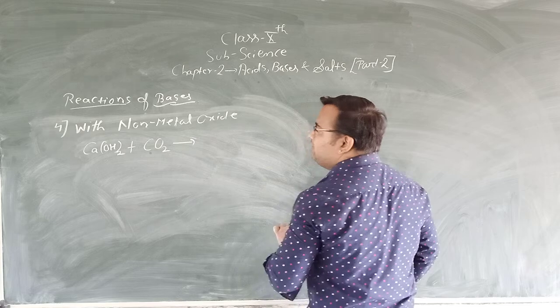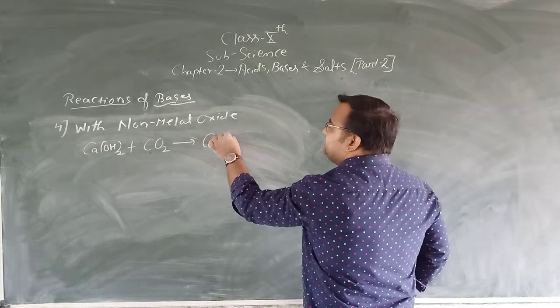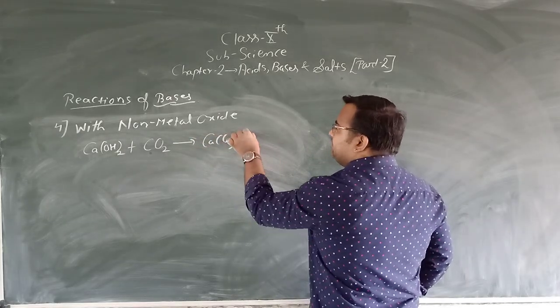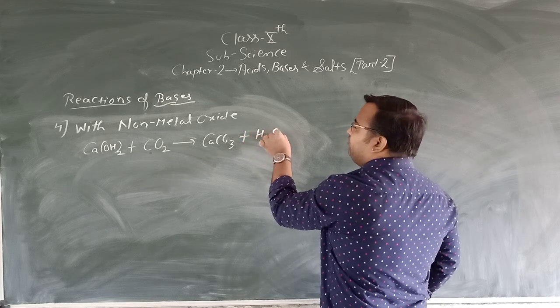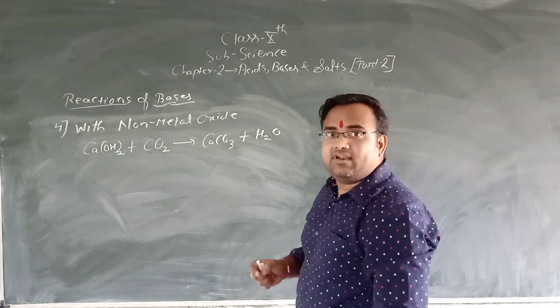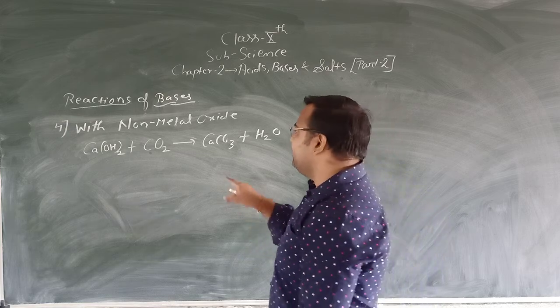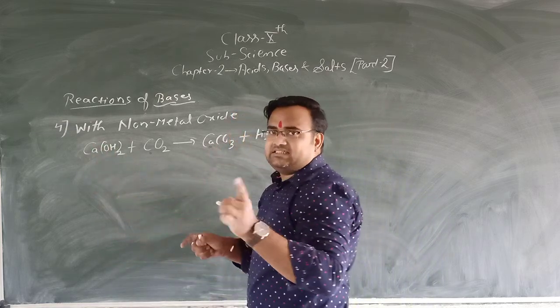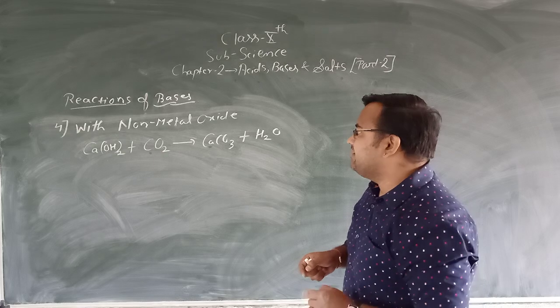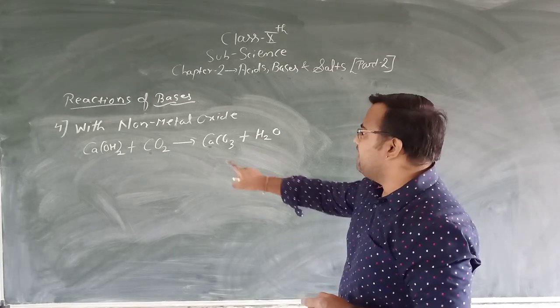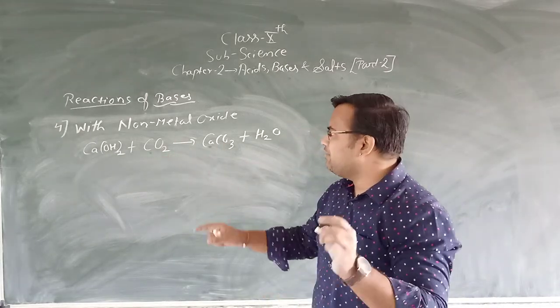So the reaction will give calcium carbonate plus water. Now we'll see whether the reaction is balanced or not. If it is not balanced, we are going to balance it. Calcium: one calcium on both sides, so it is balanced. Carbon: one carbon is also balanced.